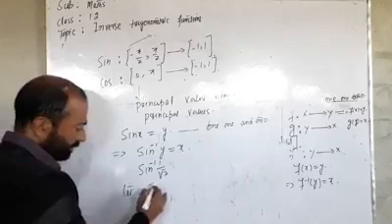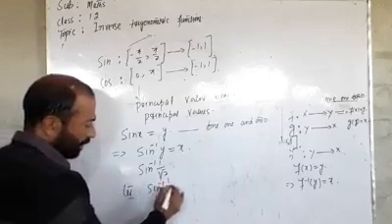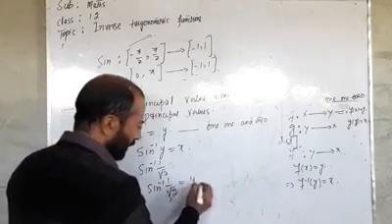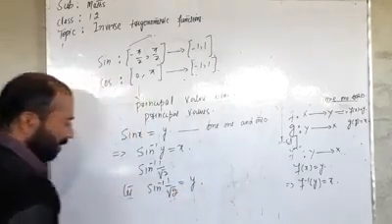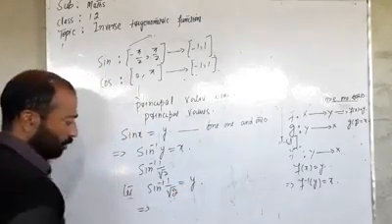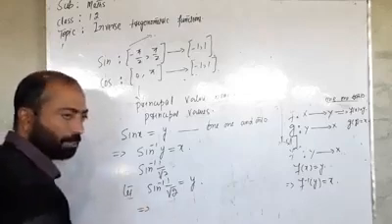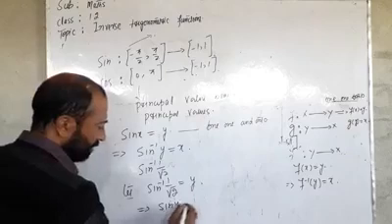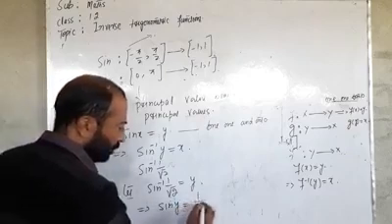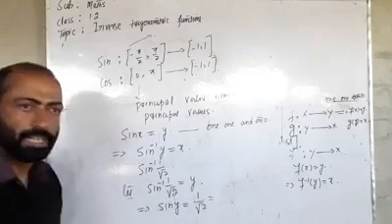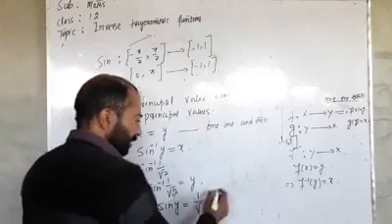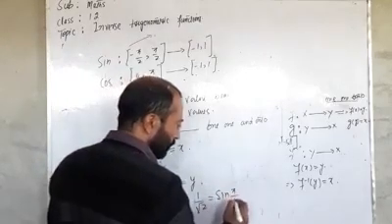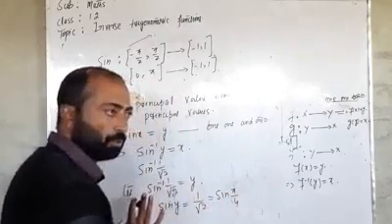Let sin inverse 1 over root 2 be equal to y. So by definition of inverse of the sine function, sin y is equal to 1 over root 2, and you know that sin pi by 4 equals 1 over root 2.